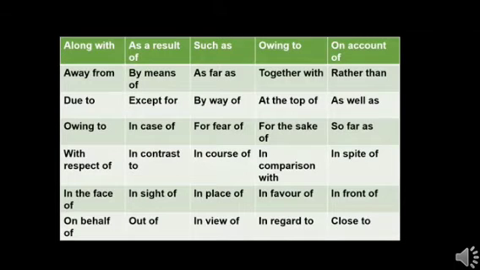Here are some more examples for the complex preposition: along with, away from, due to, owing to, with respect of, in the face of, on behalf of, as a result of, by means of, except for, in case of, in contrast to, in sight of, out of, as far as, by way of, for fear of, in course of, in place of, in view of, owing to, together with, at the top of, for the sake of, in comparison with, in favor of, in regard to, on account of, rather than, as well as, so far as, in spite of, in front of, close to.